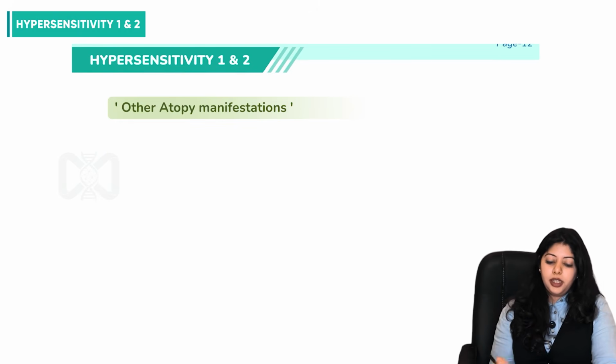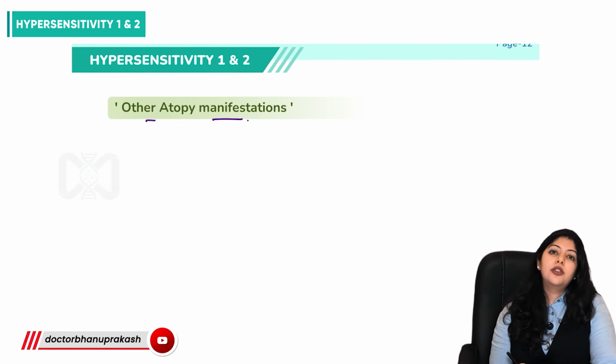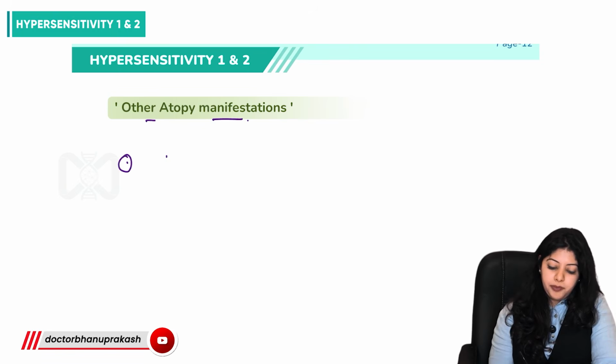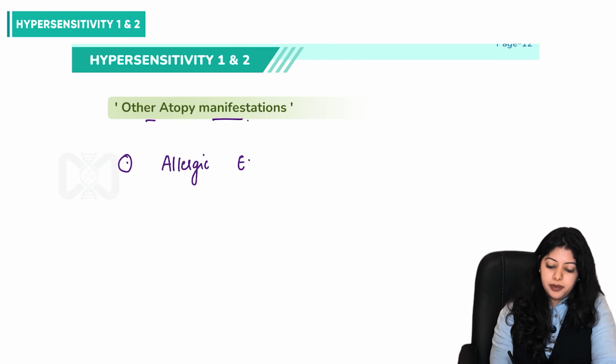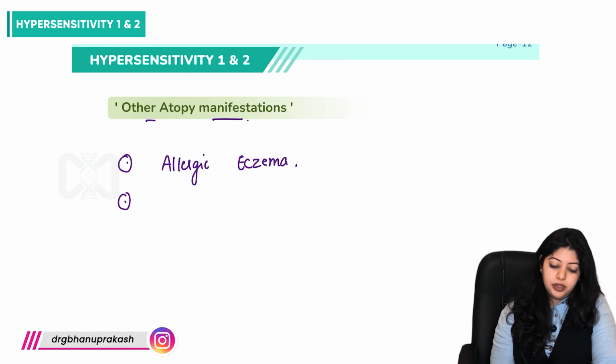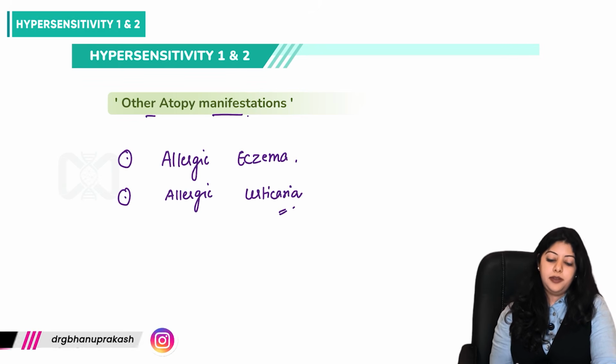So what are the other atopic manifestations? There can be allergic eczema. There can be allergic urticaria, right?